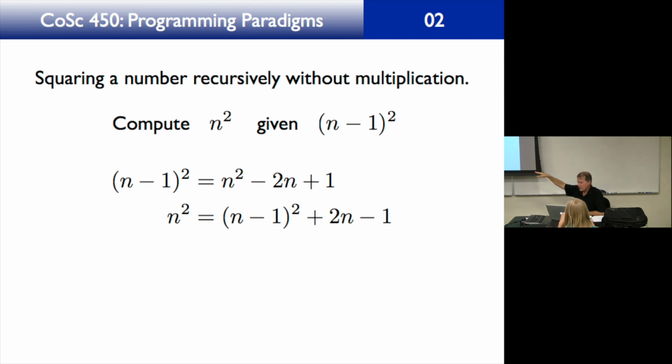We're not going to square n minus 1, because that n minus 1 is going to be a function call, and that is going to call itself recursively again, and again, and it's never multiplied by itself. Are you with me? So as it calls itself, it'll get smaller and smaller, and then it'll unwind.